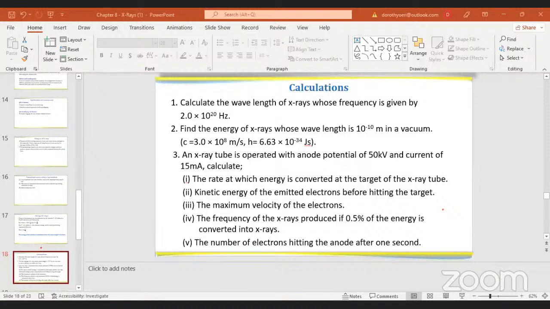I can see somebody has given an answer here. What are the units? We are forgetting units.